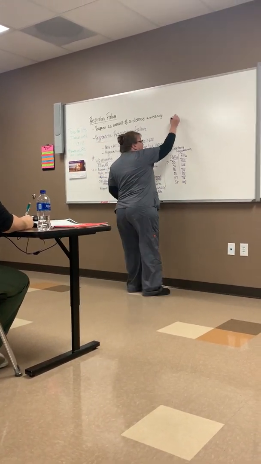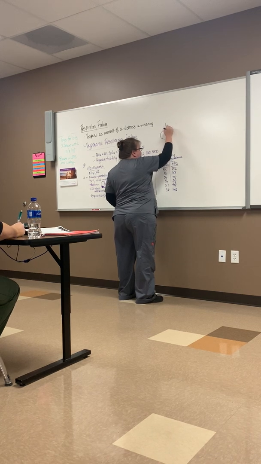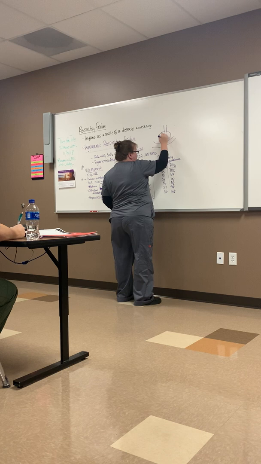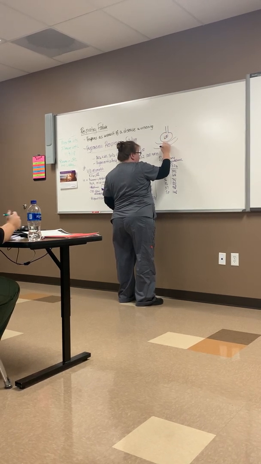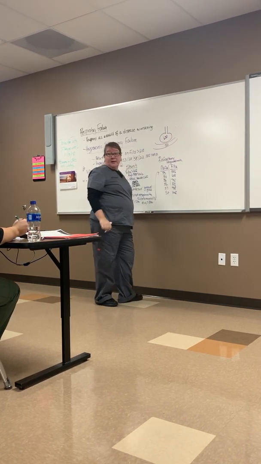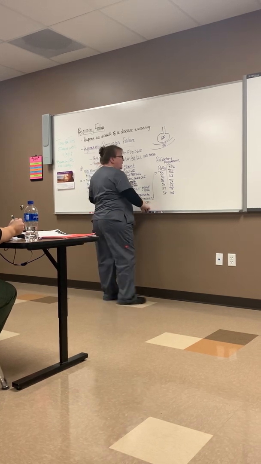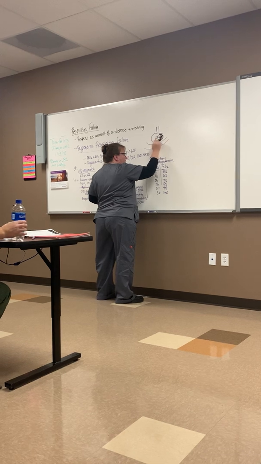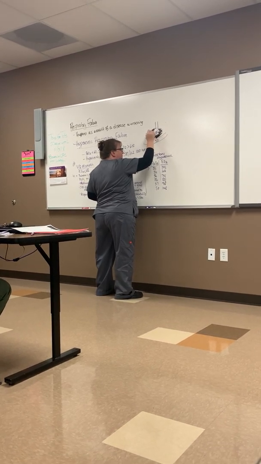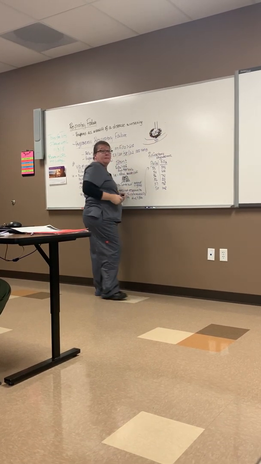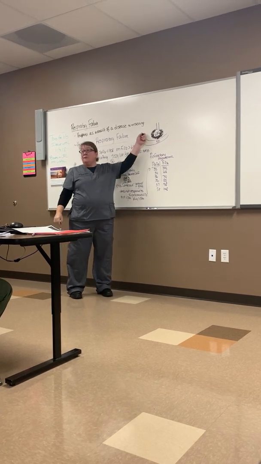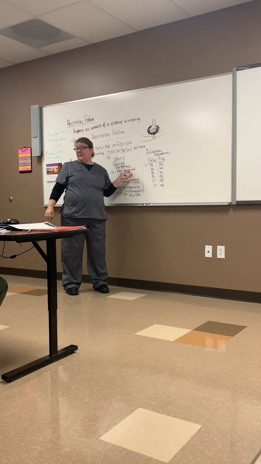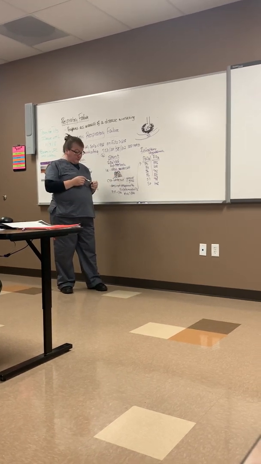So the way you can visualize it, if this is 650 and this is 50, and our gradient is 600, it's because there is something going on here that's preventing the oxygen from diffusing across. And that's usually fluid, because ARDS has too much fluid and CHF has too much fluid, as you guys will learn.